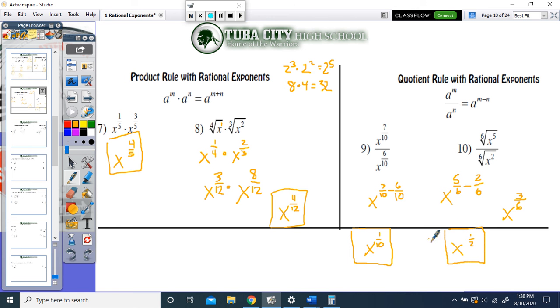If you have a fraction, in this case 3 and 6, which can both be divided by the same number, you divide both your top and bottom number by that same number and you get a simplified fraction. 3 and 6 are both divisible by 3. 3 divided by 3 is 1, and 6 divided by 3 is 2.